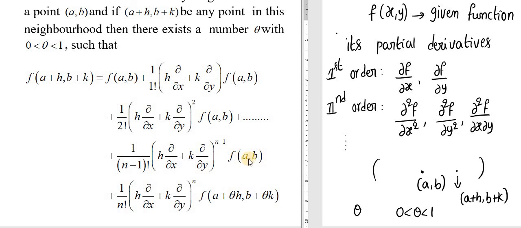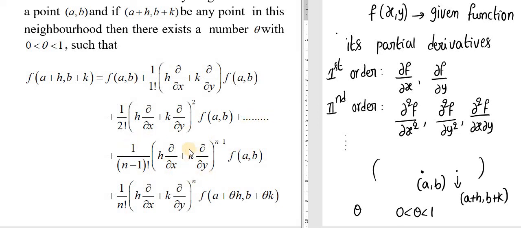Here also you can observe, here we have n minus 1 factorial, the power is n minus 1.